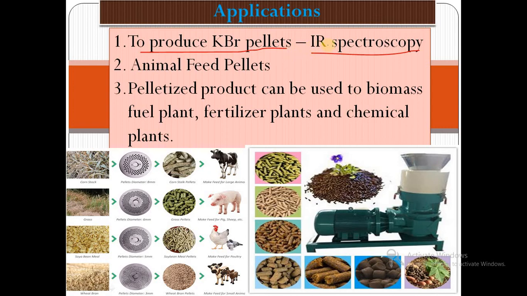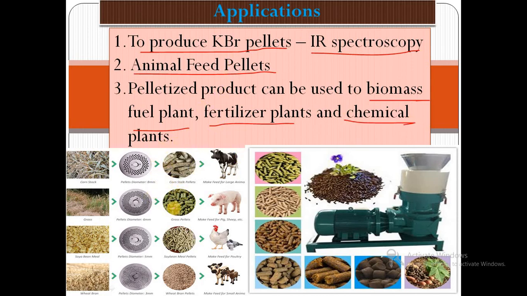Pellets are formed using this pellet mill technique. Second, animal feed pellets are also prepared using the pellet mill technique. Then pelletized products can be used in biomass, fuel plants, fertilizer plants and chemical plants. So these are the three main applications.